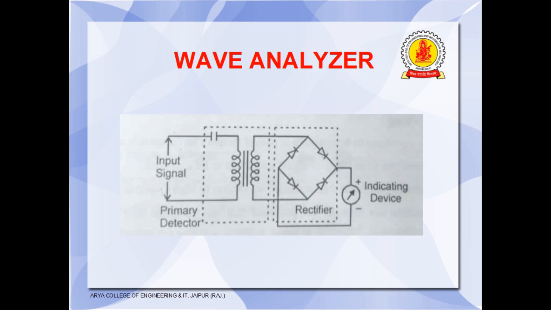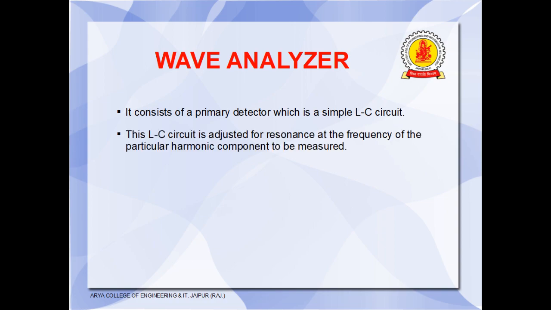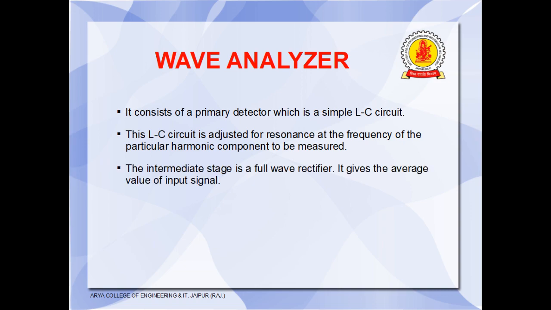Here in this block diagram, the basic wave analyzer is shown. It has some parts, which are described as follows. The first one is the primary detector. This is a simple LC circuit. It is adjusted for resonance at the frequency of the particular harmonic component to be measured. The second one is the full wave rectifier.